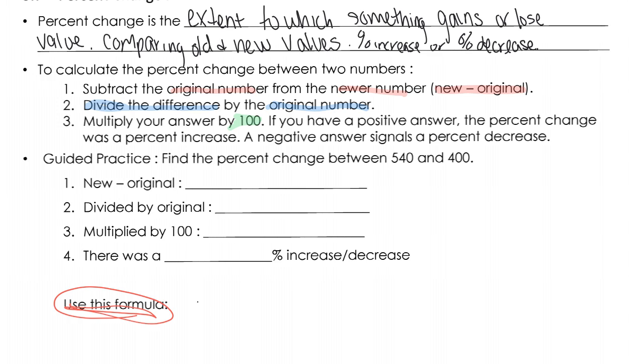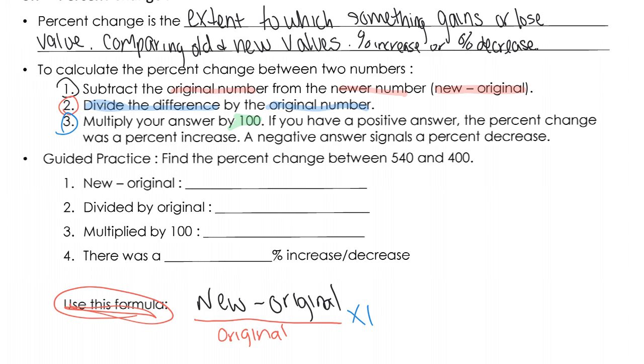We do new minus original, which is what number 1 says, divided by the original, which is what the second one says, and then multiply by 100. Then it gives you a little hint here. If you have a positive answer, it's an increase. If it's a negative answer, it's a percent decrease.